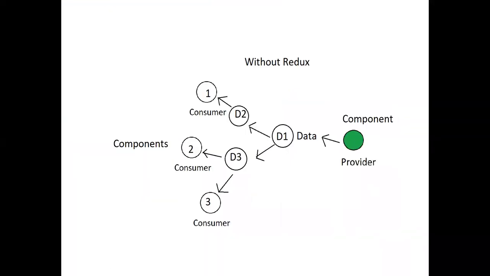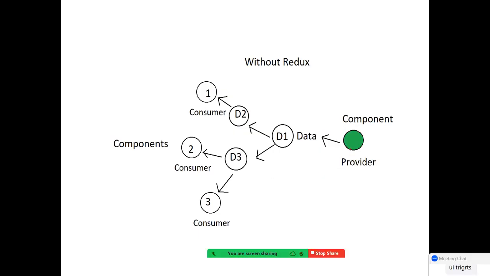Actually, without Redux, a component has to provide data. Generally what happens? Suppose a data provider is this, and from here data should reach here. It cannot directly reach. Then what happens? You learned context.